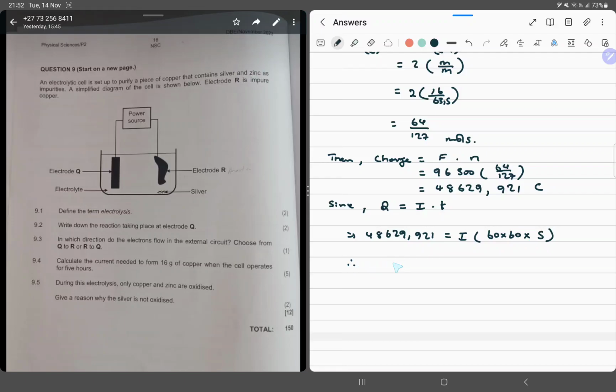So therefore, our current, which is what we want, is going to be 48,629,921 divided by 60 squared times 5. All right, so that will give us the current needed. So 48,629,921 divided by 60 squared times 5.